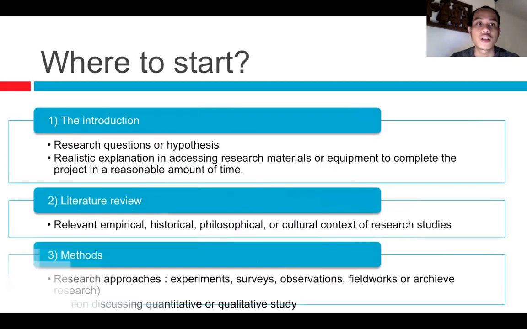Here I categorize into three parts. The first is the introduction, the literature review, and then methods. In the introduction, the information that must be there is the following: research questions or your hypothesis, if possible, and a realistic explanation of accessing research materials or equipment to complete the project in a reasonable amount of time.